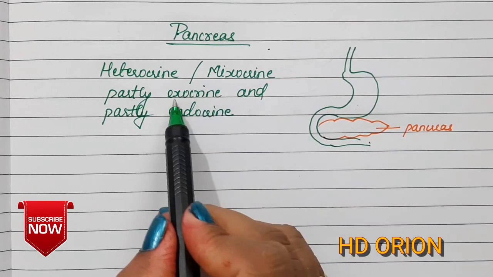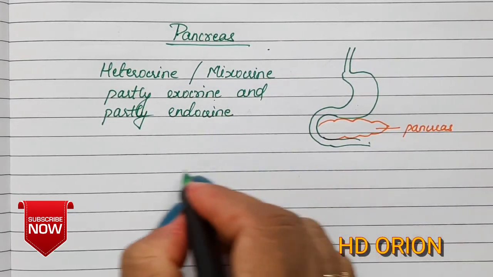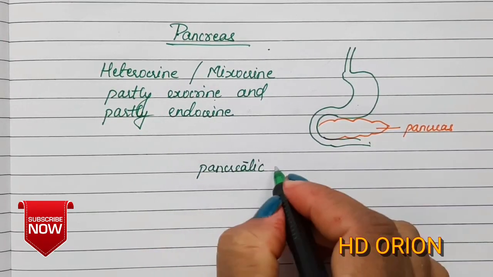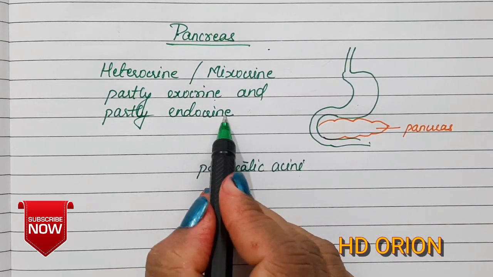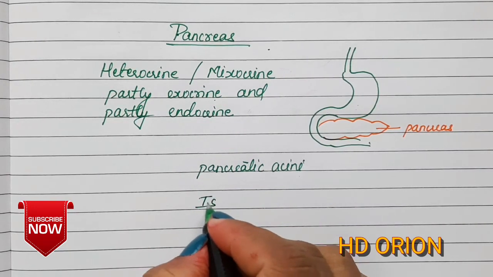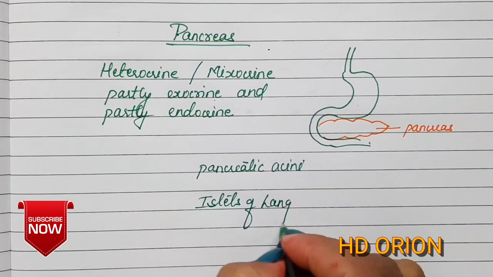Since the duct is present, we call that part exocrine, and that is known as pancreatic acini. And the endocrine part of the pancreas is known as islets of Langerhans.